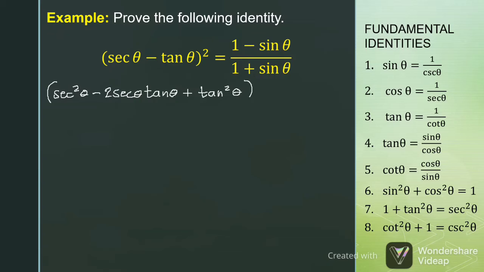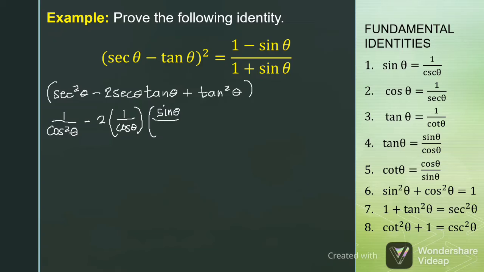We know that secant squared theta is equivalent to what? 1 over cosine squared theta. It is the same as the previous example. So secant equals 1 over cosine. Therefore, secant squared equals 1 over cosine squared, minus 2, then secant equals 1 over cosine theta, then tangent equals sine over cosine theta.